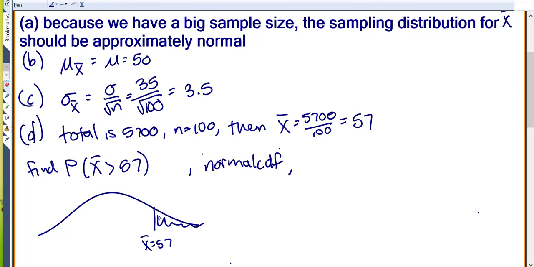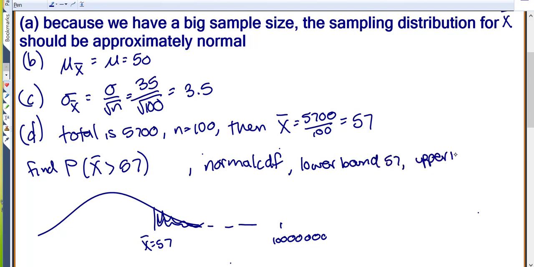Most of our calculators have a lower bound and an upper bound, so let's continue out to like 1 billion or something. We'll just put in lots of zeros. So we'll do our lower bound of 57, our upper bound, some ridiculously big number with lots and lots of zeros.